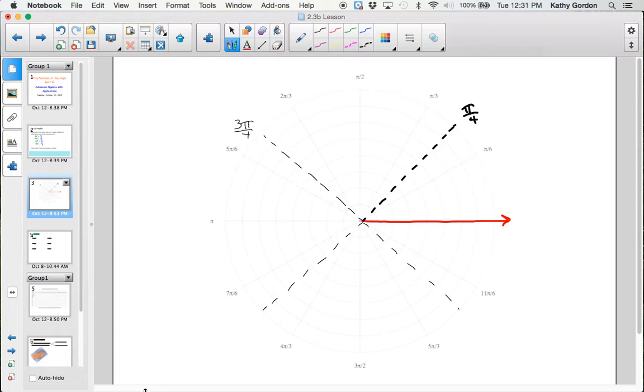So that's already labeled. Another rotation puts us here, which would be 5 pi over 4. Rotate again that much, we get 6 pi over 4, which is going to simplify to our 3 pi over 2. And then one more rotation of that much is how much?